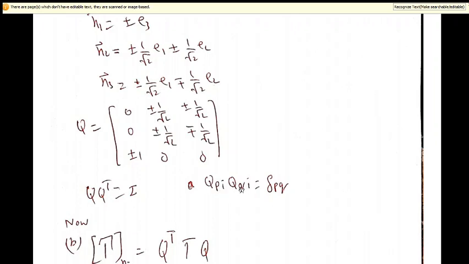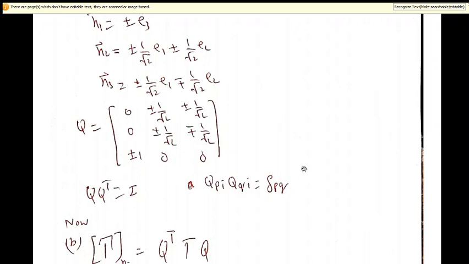We will open the summation on i because i is a dummy index. Q11 square plus Q12 square plus Q13 square, which is 1. So the left hand side is also plus 1.